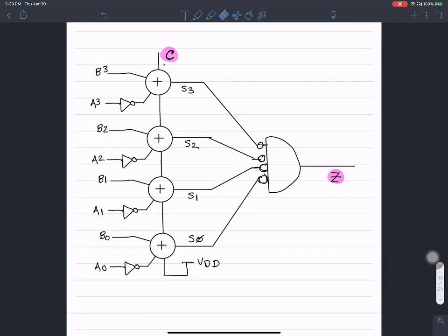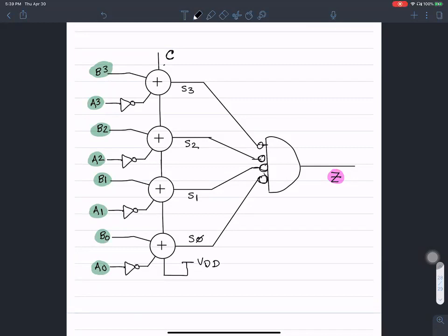And I want you to think about what exactly is being done here. This has 2 inputs, A and B, and 2 outputs, C and Z. How does this implement a comparison circuit?